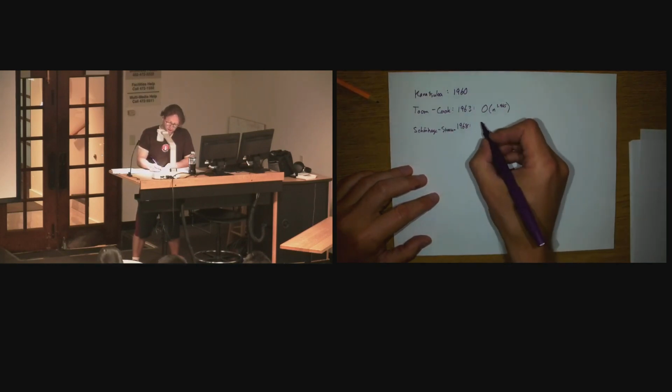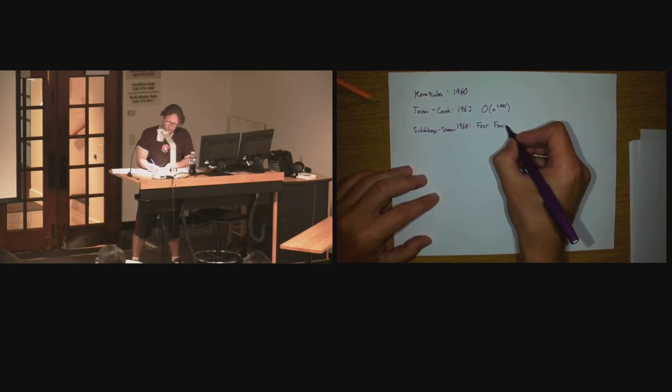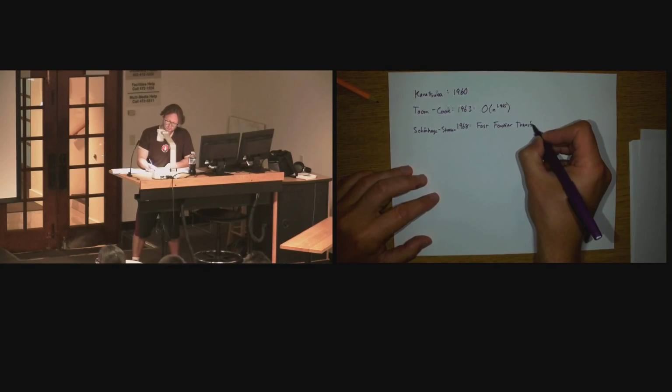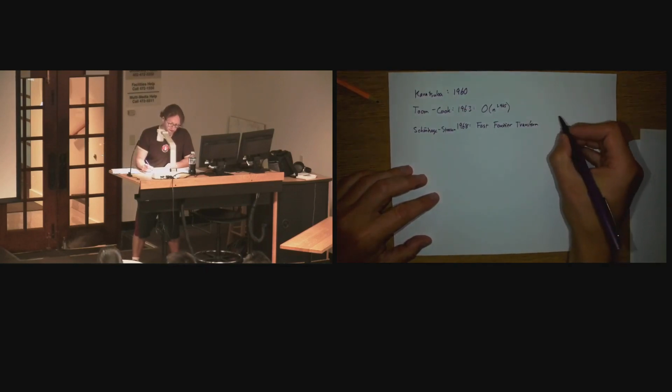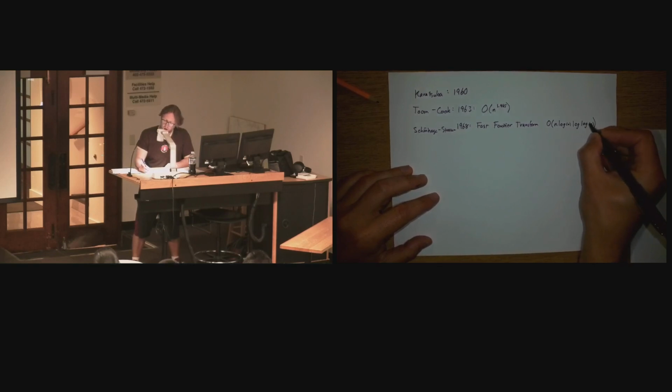They came up with the first fast Fourier transform multiplication, and they cut it down to almost quasi-linear: n log n log log n. So that's a log of log n.